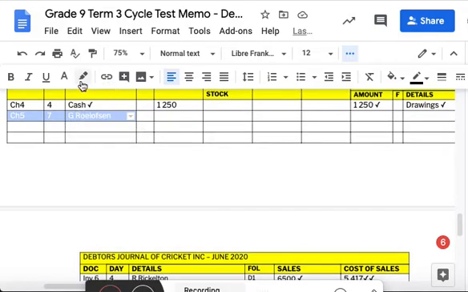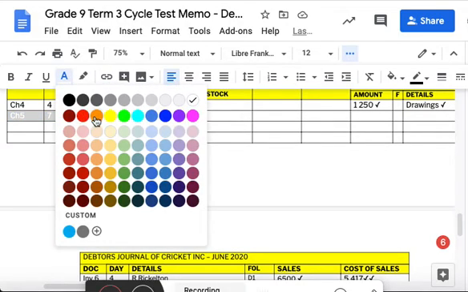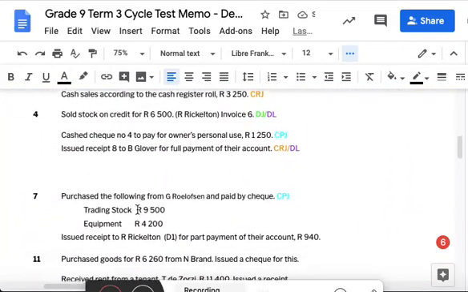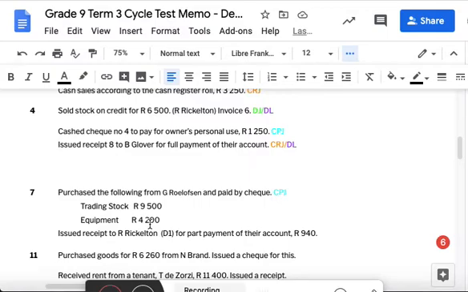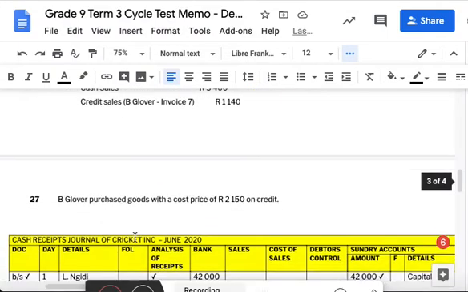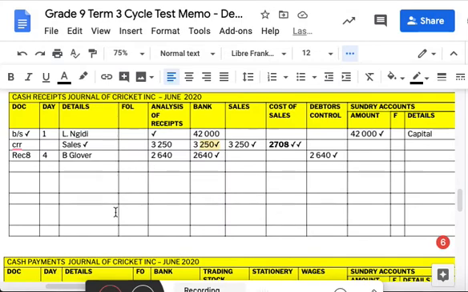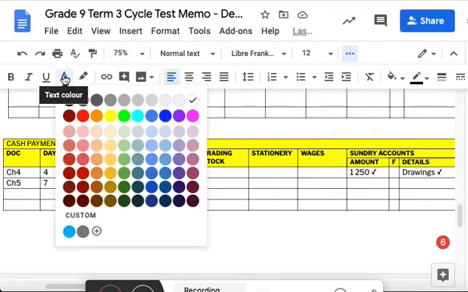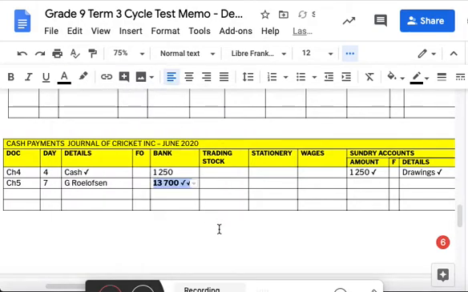G. Rulofson, cool. We put that in. Now they tell us we're buying two different things. Trading stock for 9,500 Rand and equipment for 4,200 Rand. So what is our bank figure, someone? 13,700 Rand. Cool. Now we're buying two different things from him.